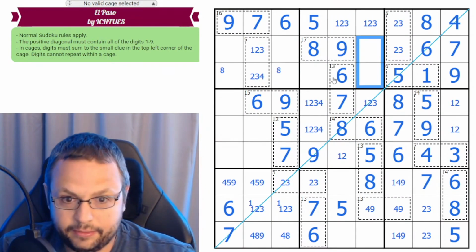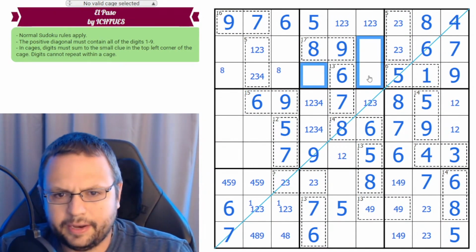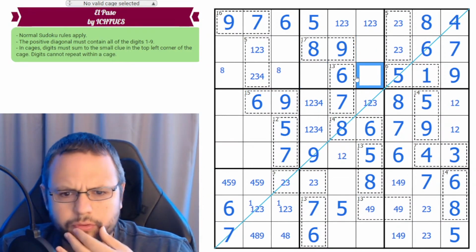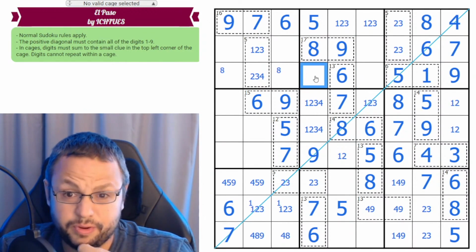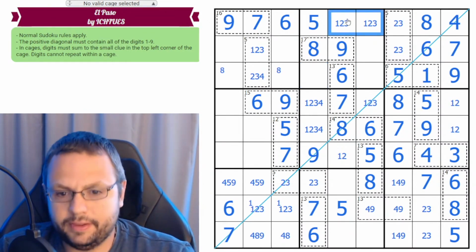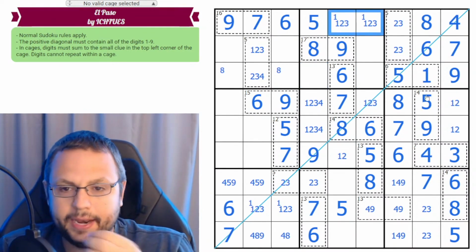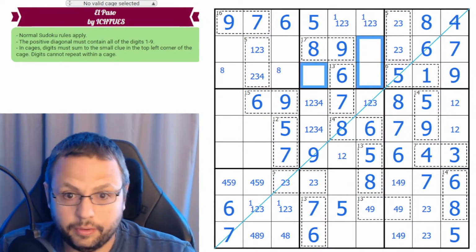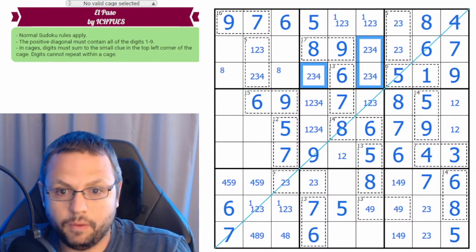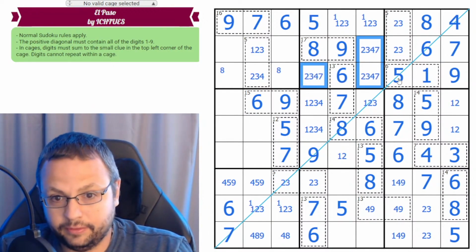What about these? Oh, maybe I can't do all of those? This is from 2, 3, 4. I guess I know one of these is a 1. Let me write that in. One of these is a 1 for the row. So these aren't 1. So these are from 2, 3, 4, 5, 6, 7.